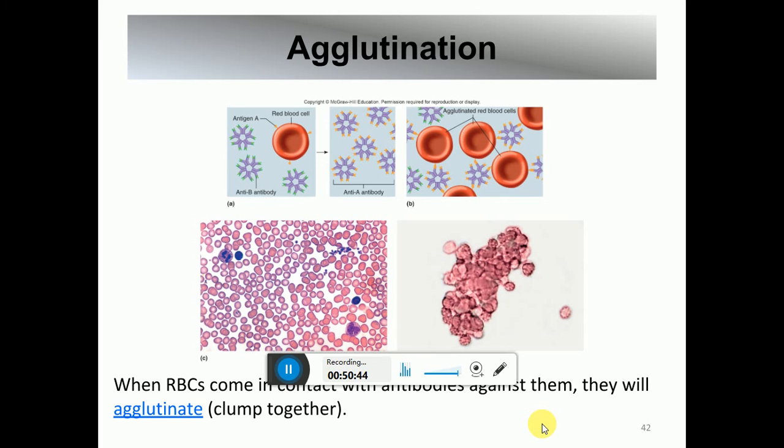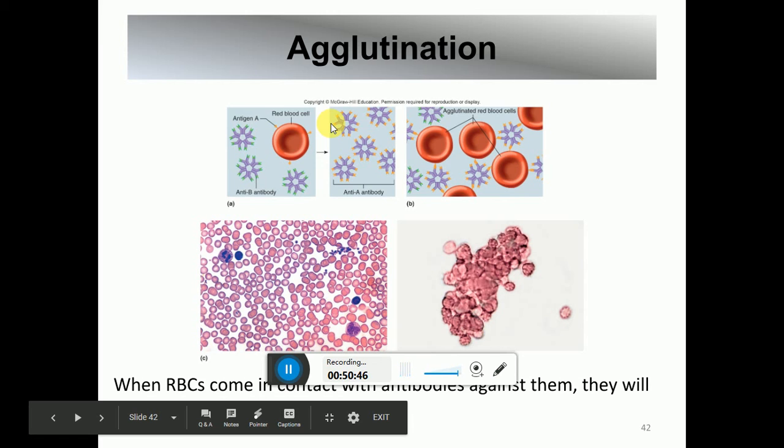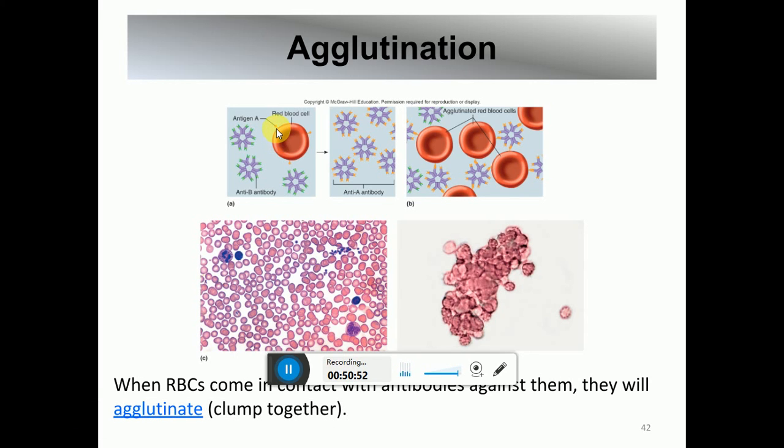Agglutination, again, would be clumping of the RBCs. In this case, this is a blood type A person because the antigens are A. Let's say they got the wrong kind of blood transfused into them.